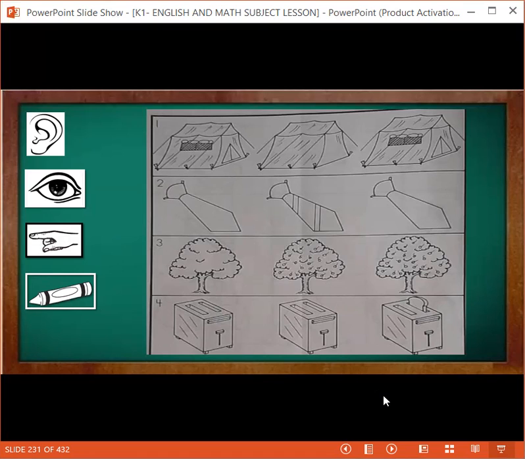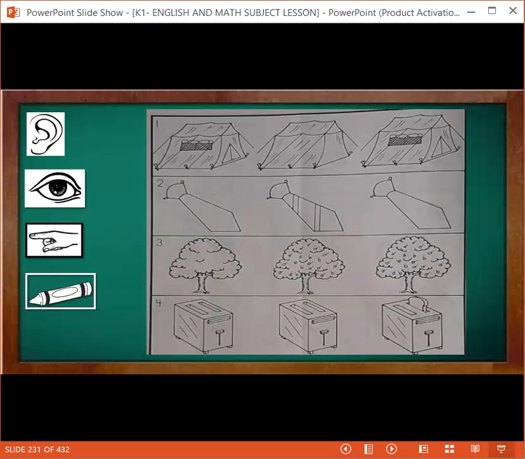Now, I want you to look at the pictures using your eyes. Look at the pictures and find which pictures here are the same. And now, using your pointer fingers, I want you to point to the same picture here po.